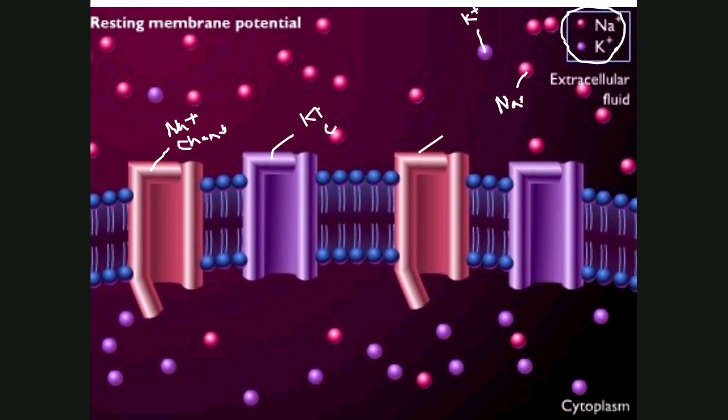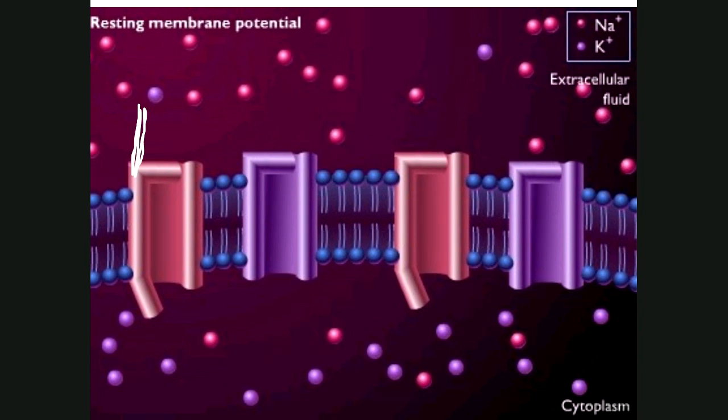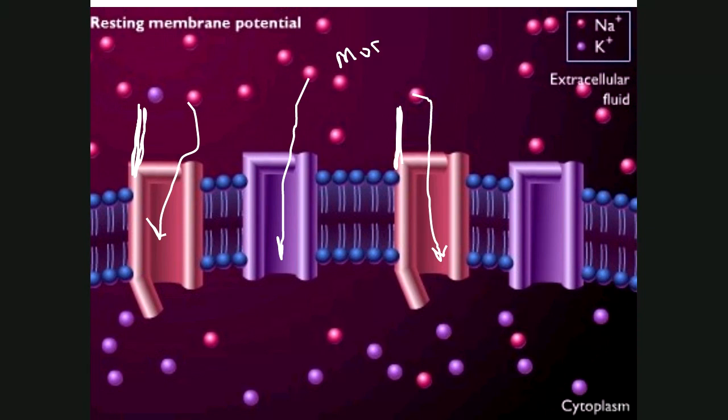And again, the gate is closed. But if we allow these gates to open, if this gate opens like this, what's going to happen is these sodium ions are going to go through it. And because there's more sodium out here than there is in here, the sodium is going to go in this direction.